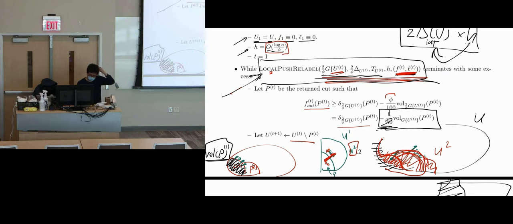Then the total mass is small. But if H is smaller than log n over 5, I'm not sure how to get this bound. Oh yeah, that's true. Since n is getting smaller, but the volume is getting larger during the iteration.